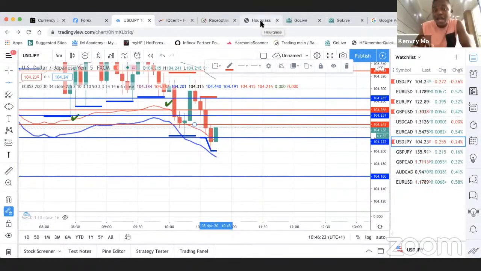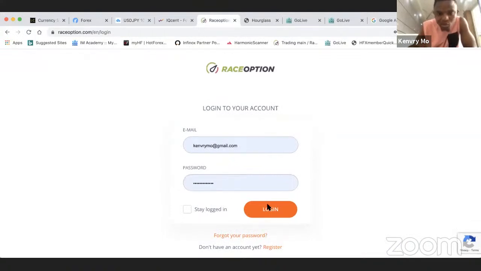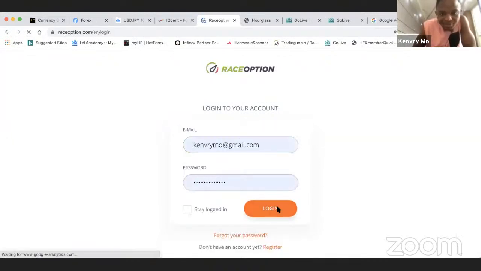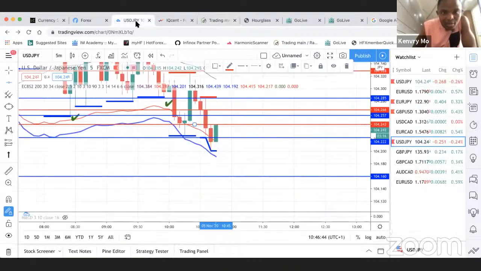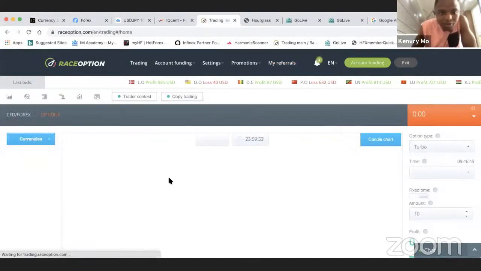I always like waiting for the new candle, but I just want to take my chance on this one. 243. Oh, this is crazily moving up. 243 area.